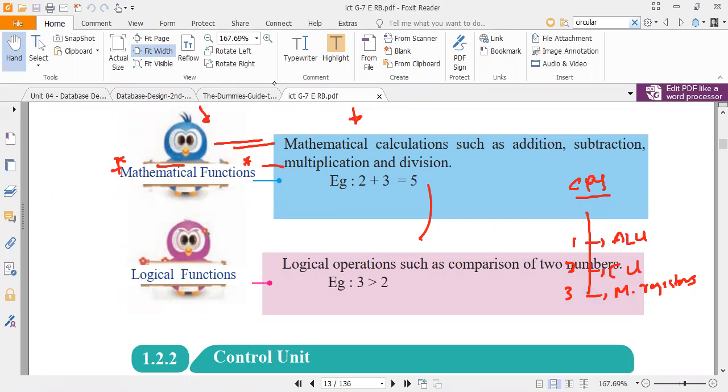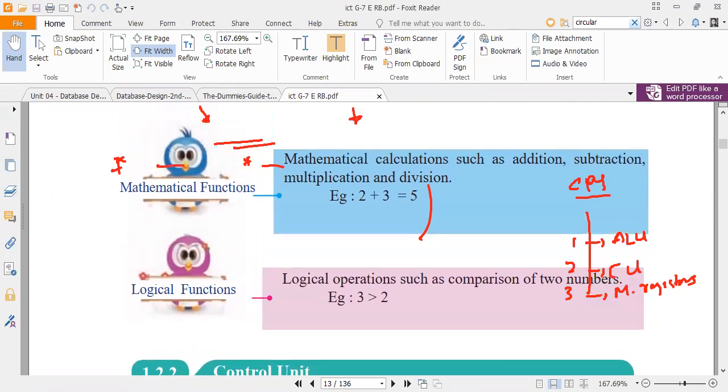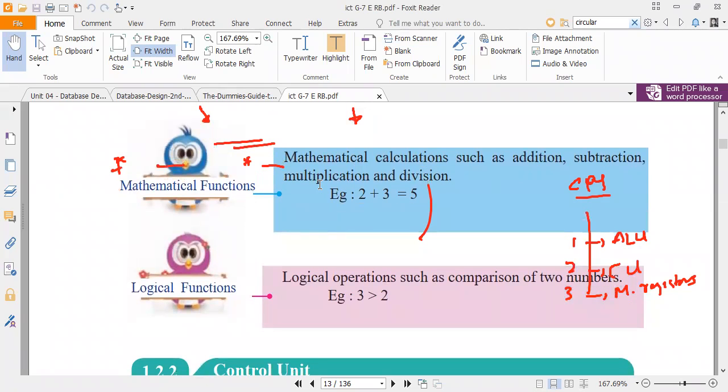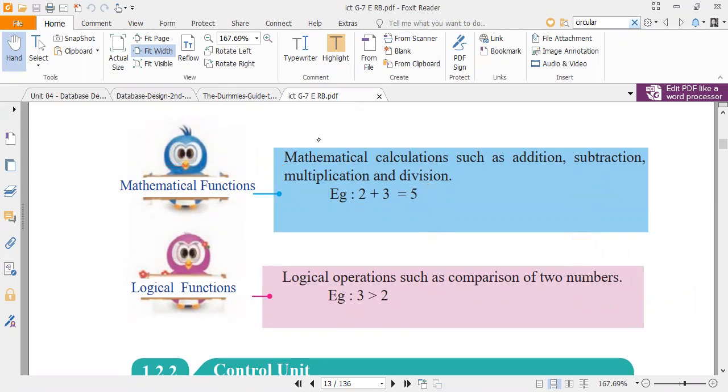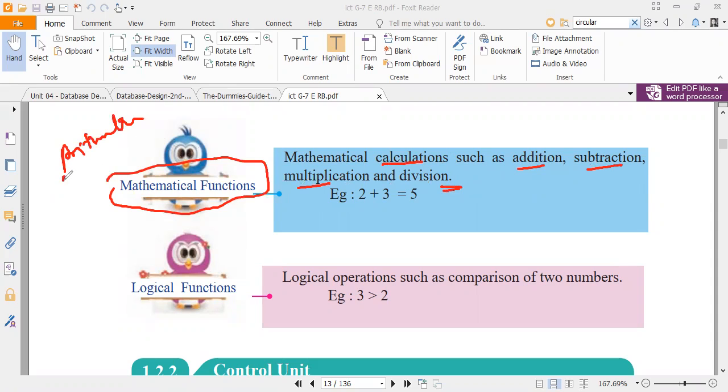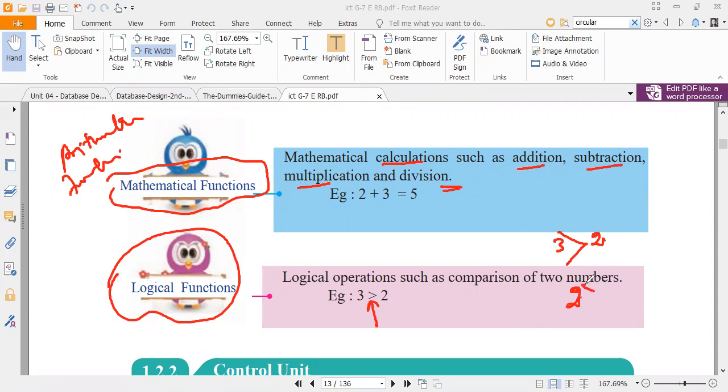In the mathematical function, you can see mathematical calculations such as addition, subtraction, multiplication and division. All these mathematical functions will be handled by the arithmetic function. Then logical functions: you can say a logical comparison, such as whether 3 is bigger than 2 or 2 is bigger than 3.